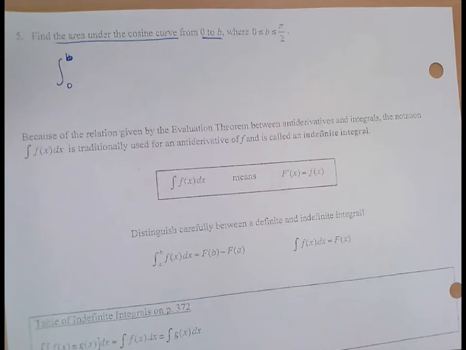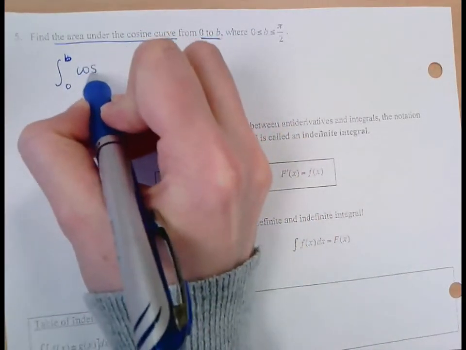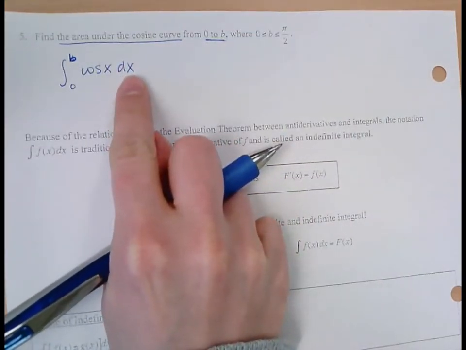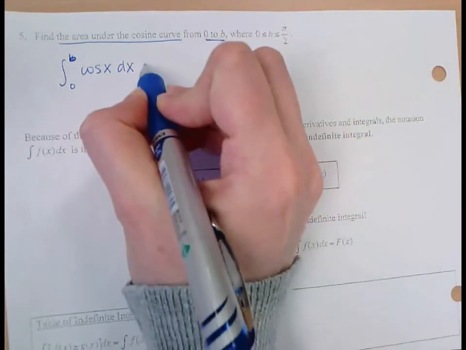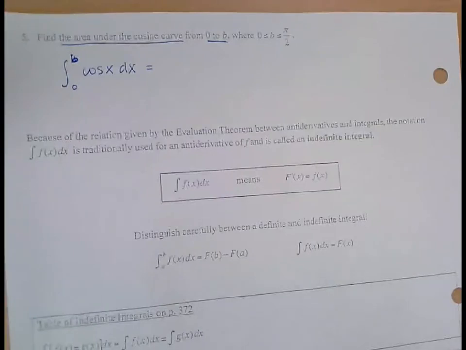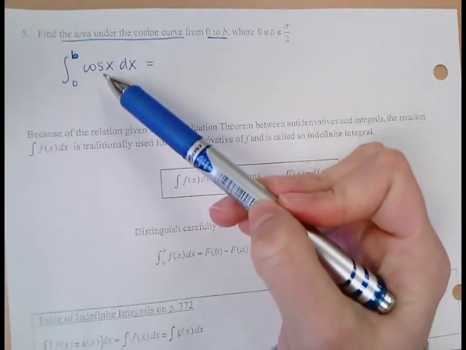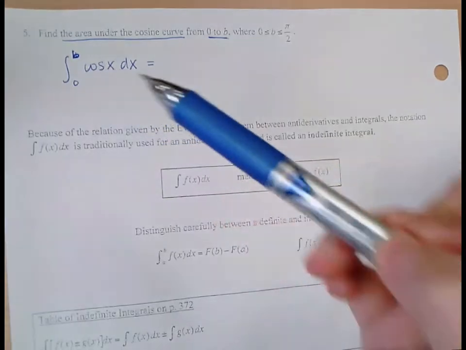The integral from 0 to b of cosine of x. And then remember when you write an integral to include the dx after the integral, that's part of the notation. Okay, so then evaluating this. Antiderivative of cosine.